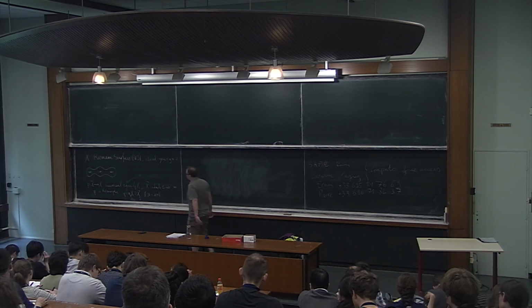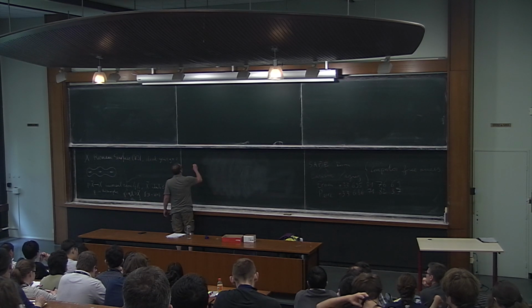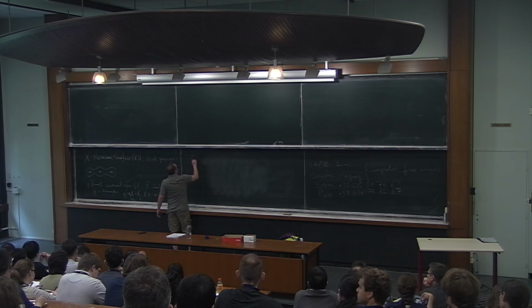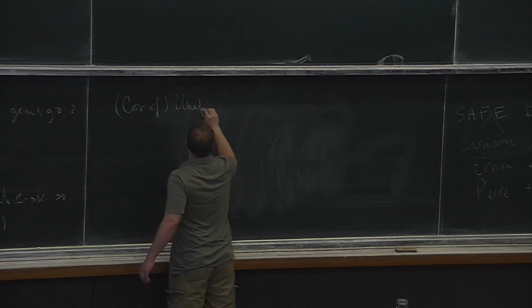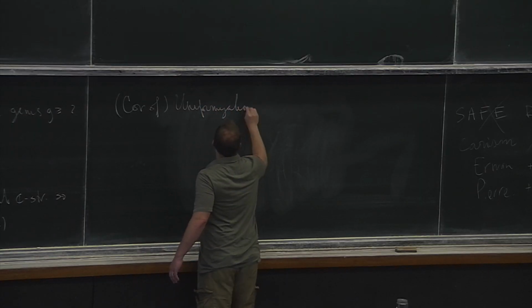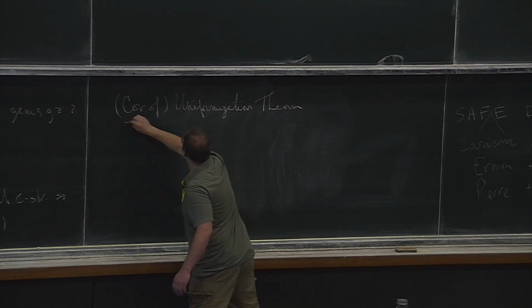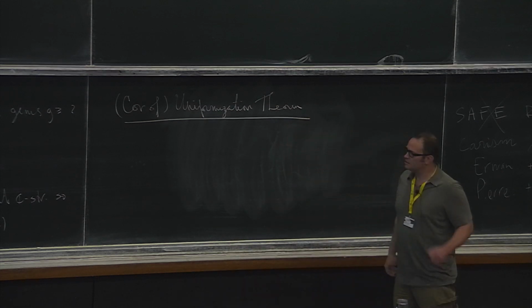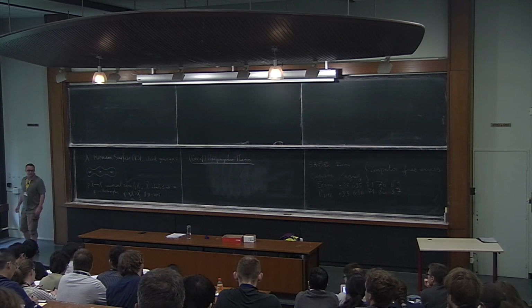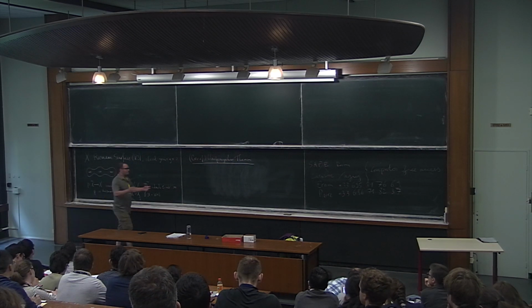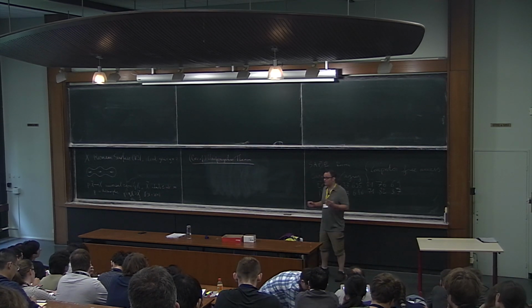I want to bring in hyperbolic geometry. So let me remind you of the uniformization theorem. This is actually a corollary of the uniformization theorem. It says that any simply connected Riemann surface, so X tilde is such a thing, is holomorphically diffeomorphic to either the Riemann sphere, the complex plane, or the disk or upper half plane.